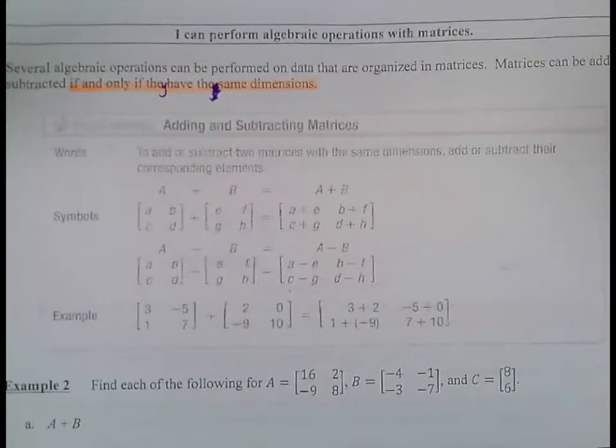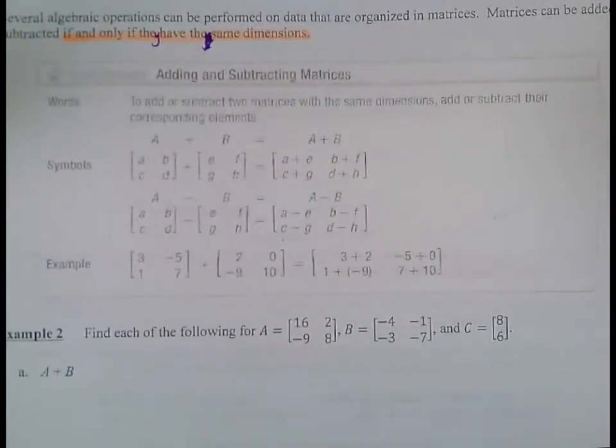So this is, again, where knowing the size of a matrix does matter. If two matrices have different dimensions, you cannot add or subtract them. So in this box, this is just for your reference, but it shows you how to add or subtract matrices if they have the same dimensions.